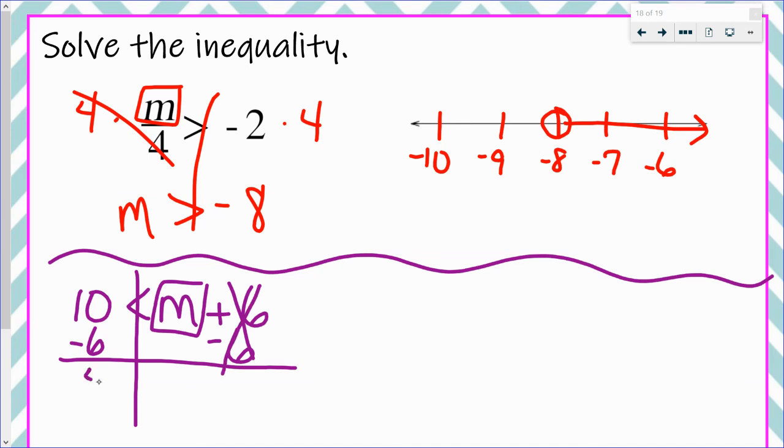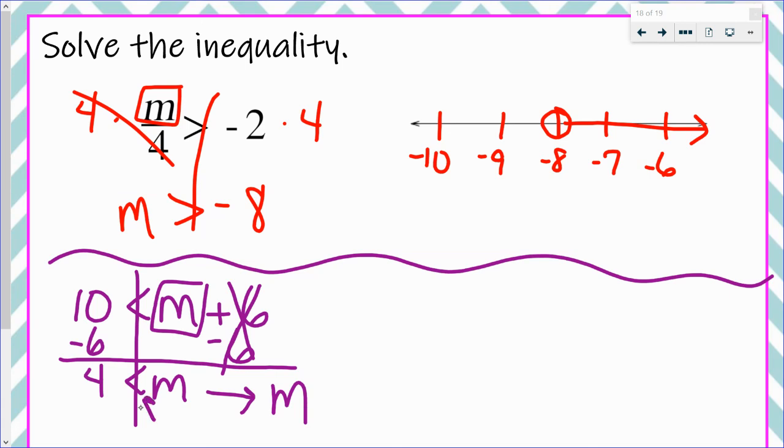10 minus 6 is 4, less than m. Okay, and now that I solved it, I'm going to turn it around. This does not mean flipping the symbol or anything like that. I'm just literally rotating the entire inequality. So I want the m to come first. So this would be m.